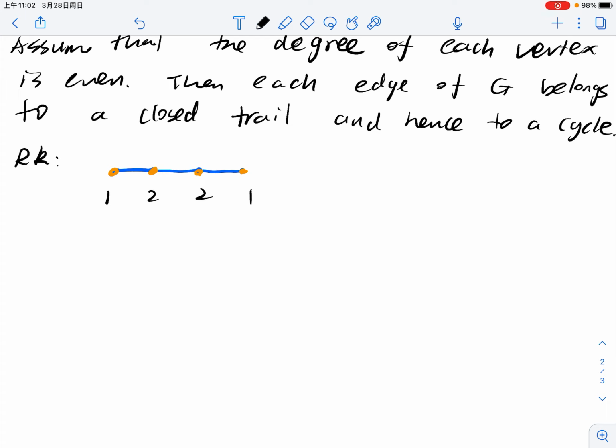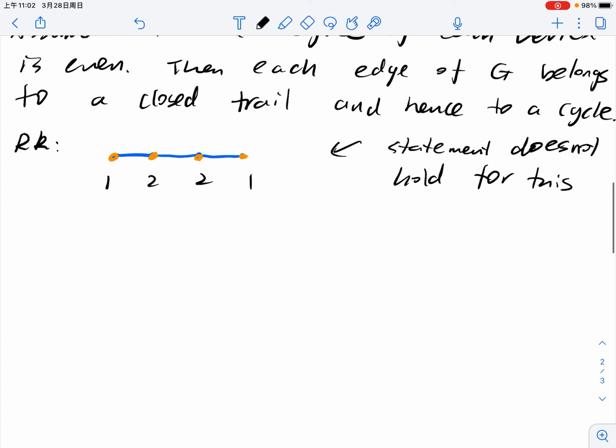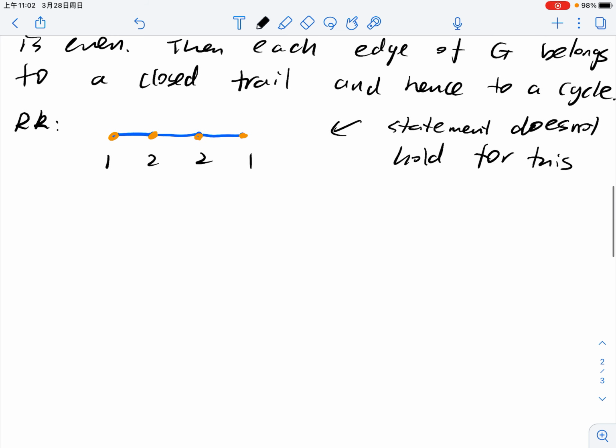The statement doesn't hold for this. This shows that the condition is necessary if we want the statement to still hold.